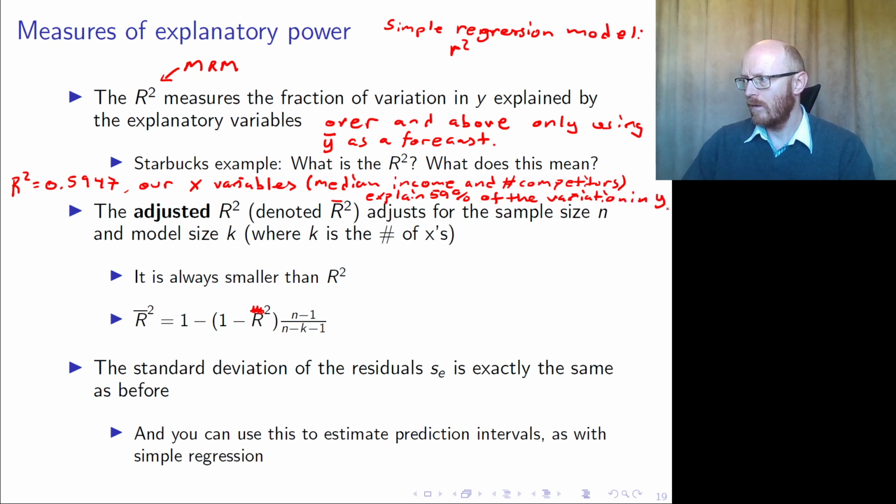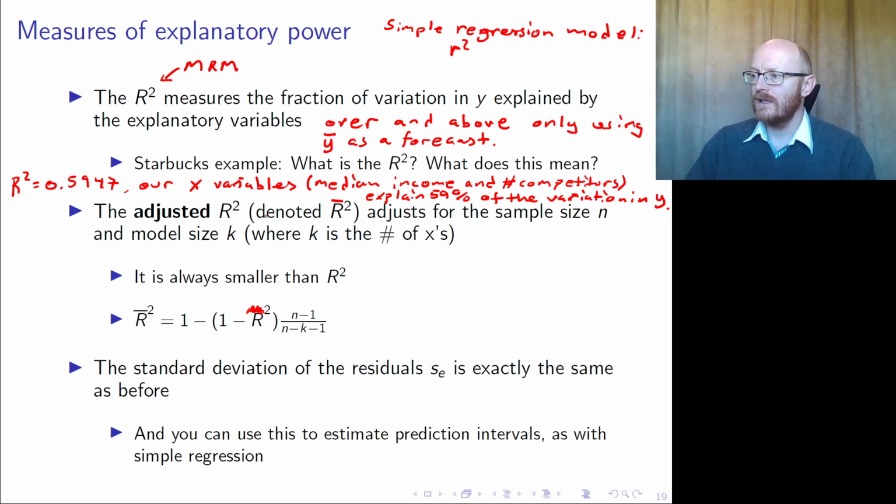Okay, and another number which is more used than the r squared is the adjusted r squared, and it's denoted r squared with a bar over. I removed this bar instead of that bar, so down here you should not have a bar.